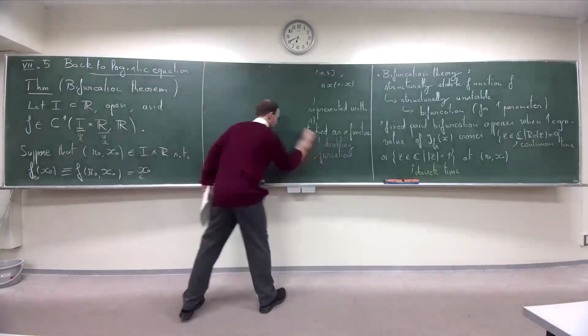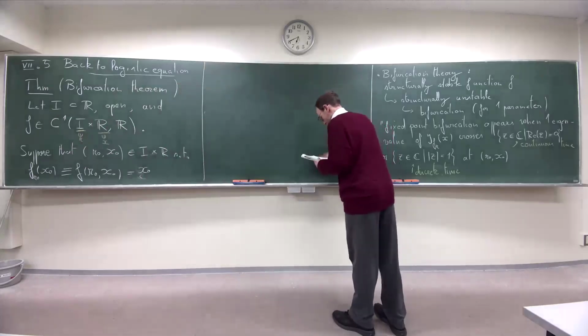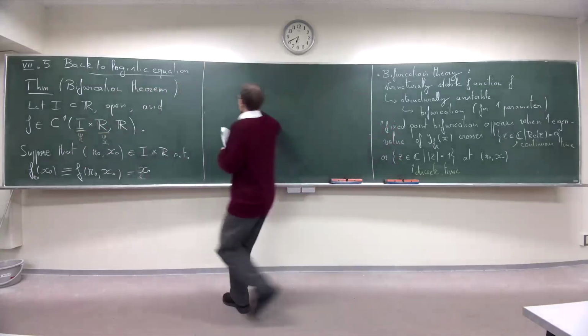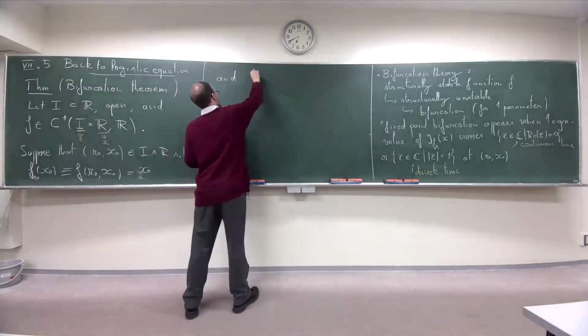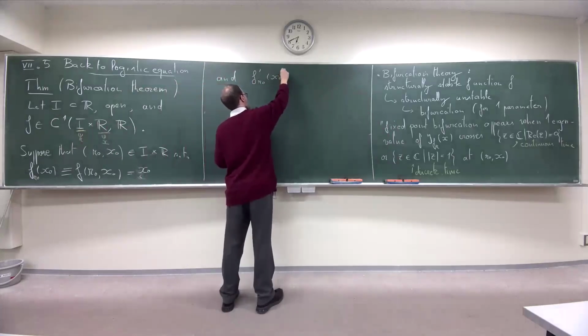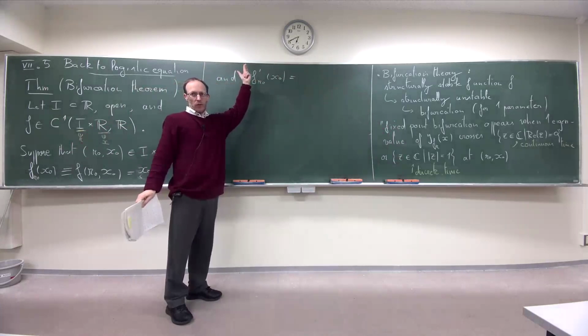And I need to have one more condition. I need to assume that f prime at R0 is different from 1. Now you can say, what is this prime? Because we have two variables.